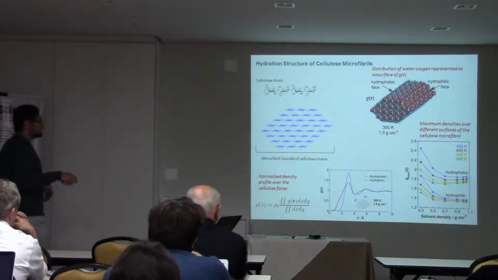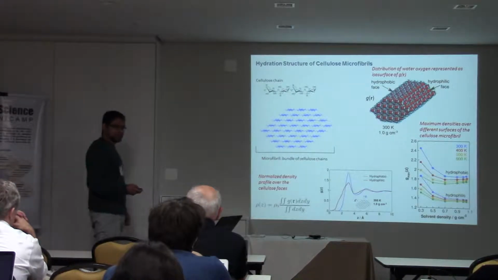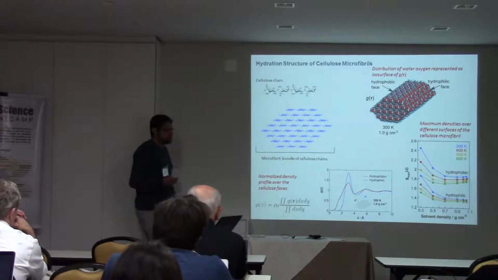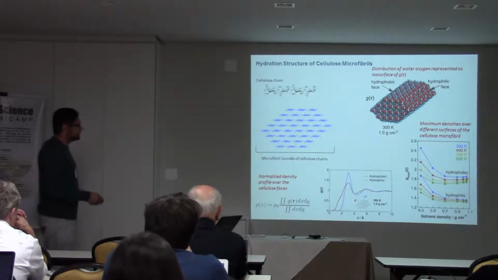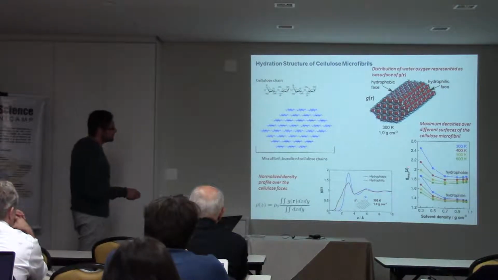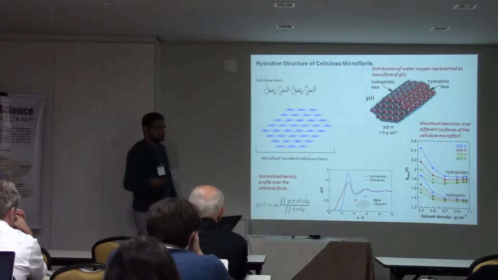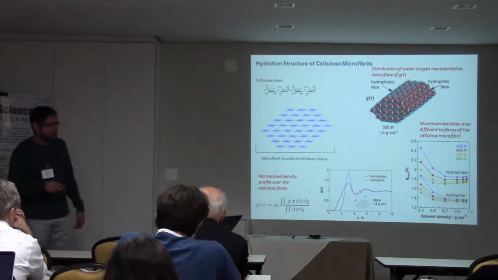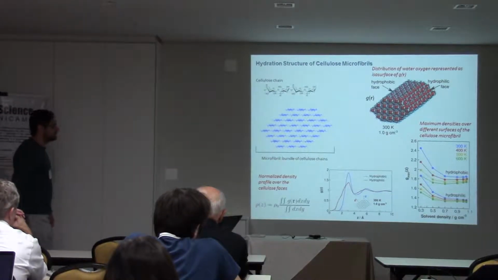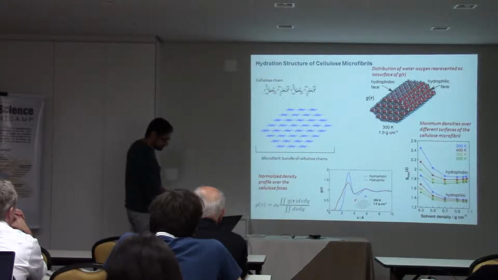These are conditions that happen in pretreatment, for example hot water pretreatment and steam explosion pretreatment. So this graph shows that most of the changes induced by the solvents in pretreatment will occur in the hydrophobic surface, not the hydrophilic surface.